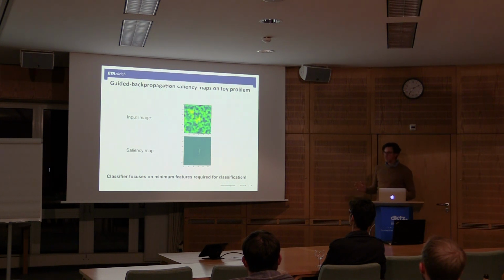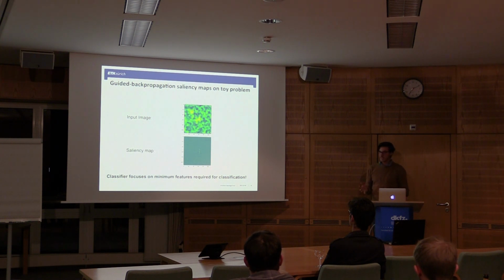As training goes on, the box in the upper corner becomes less and less important. So the classifier is only focusing on the middle box, and what's more, it's only focusing on one edge of the middle box.